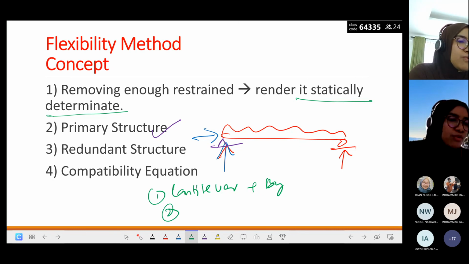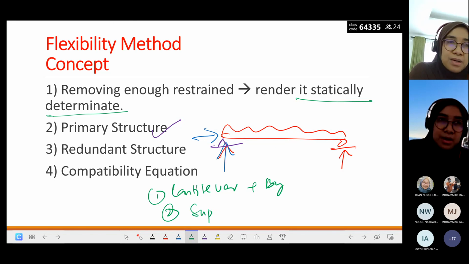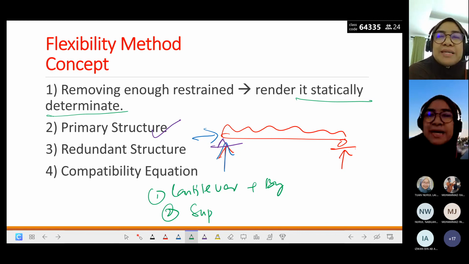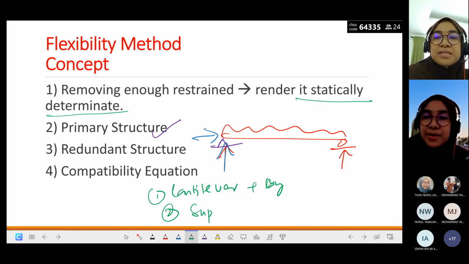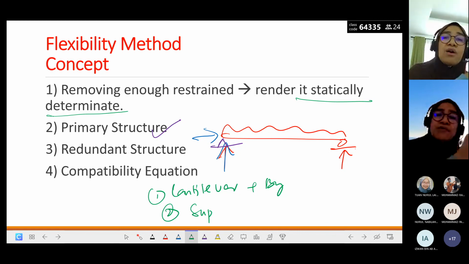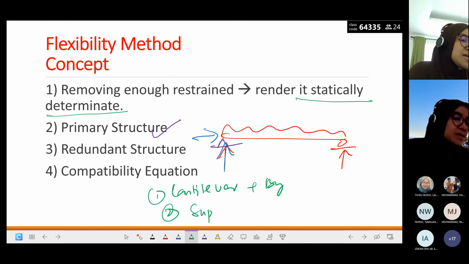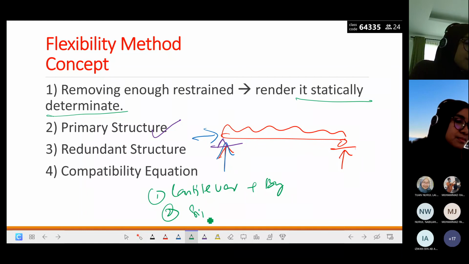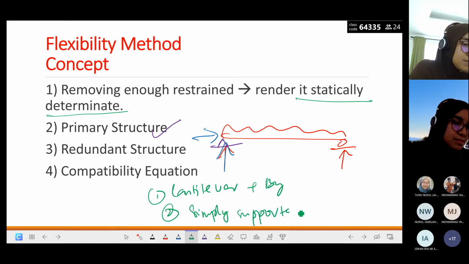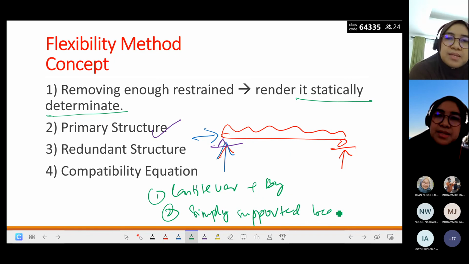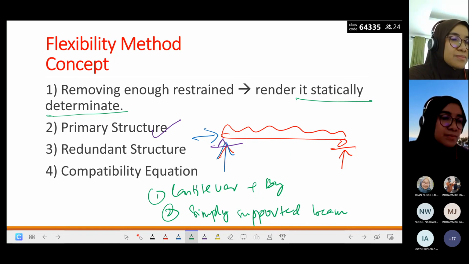Now I remove MA and it will become a pin support. Fixed, remove moment, becomes pin. It is correct. And the type of beam is a simply supported beam.